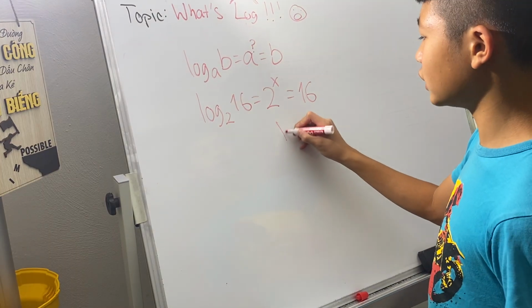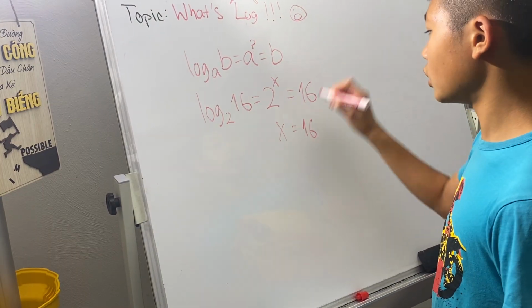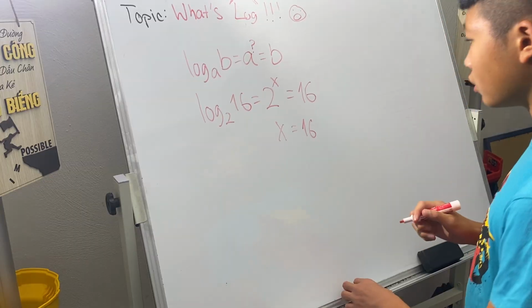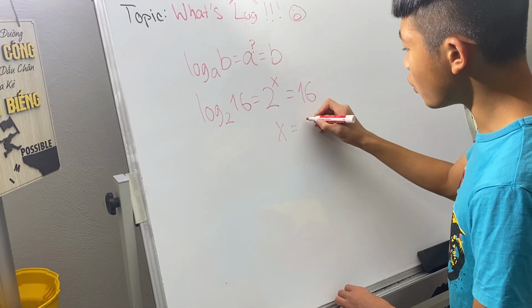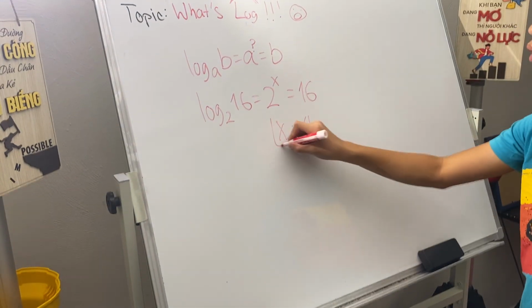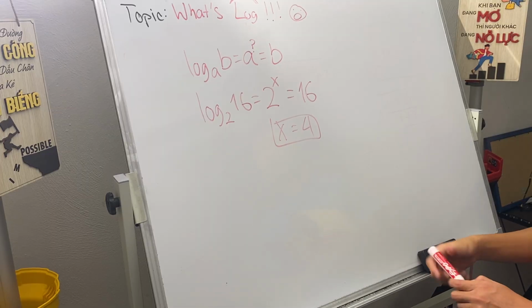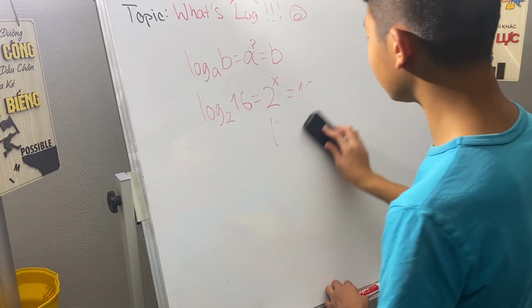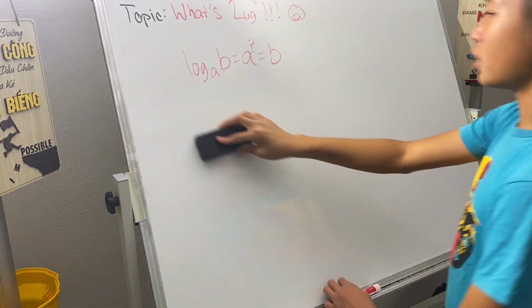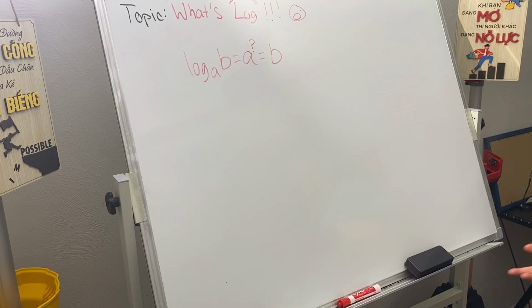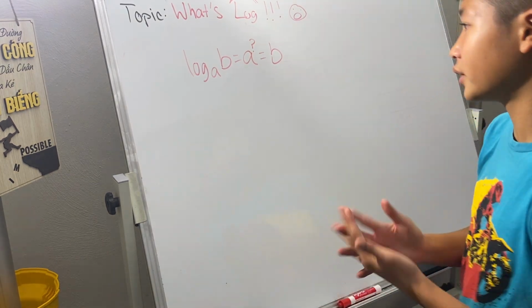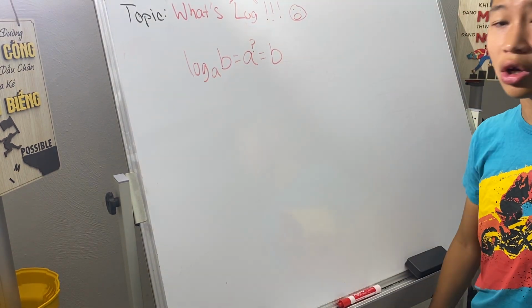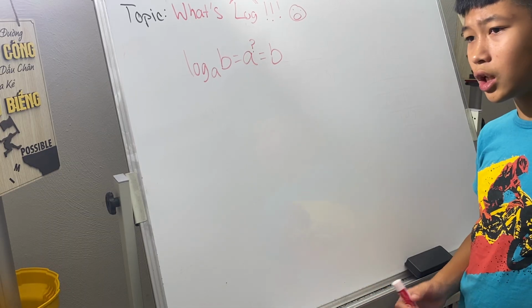So the answer, oh, my bad, is 4. 2 to the 4th is 16. It's very simple, right? I mean, not really hard. That's basically what log is. But we're gonna make it a bit harder.